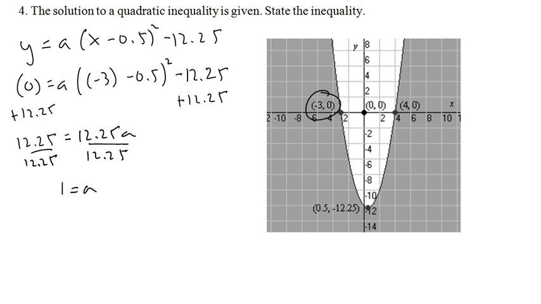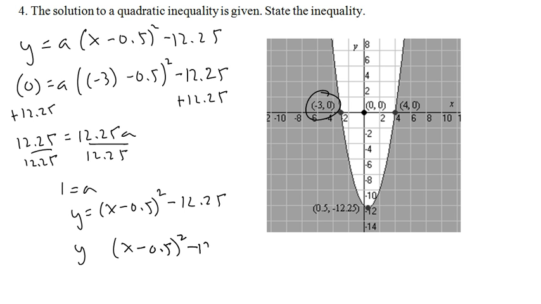So we know our equation is going to be y equals (x minus 0.5) squared minus 12.25. Okay, and now we need to figure out which way our Pac-Man is going to be facing. So we get y something (x minus 0.5) squared minus 12.25. If I plug in any point from the true area, so let's try this one here.